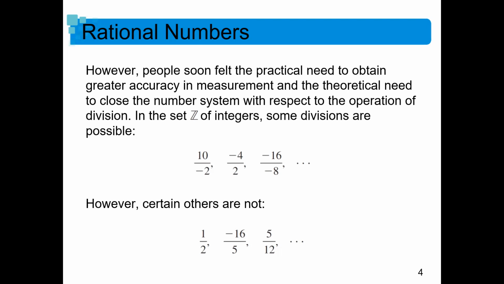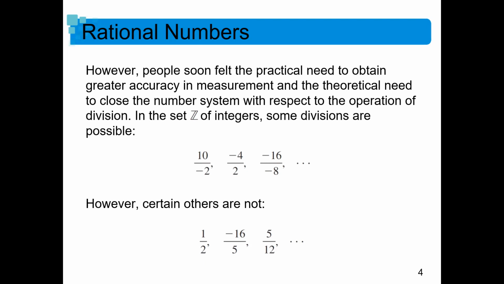But when it comes to division, the natural numbers are not closed, because 1 divided by 2 is 1/2 or 0.5, and that is not a member of the set of natural numbers.